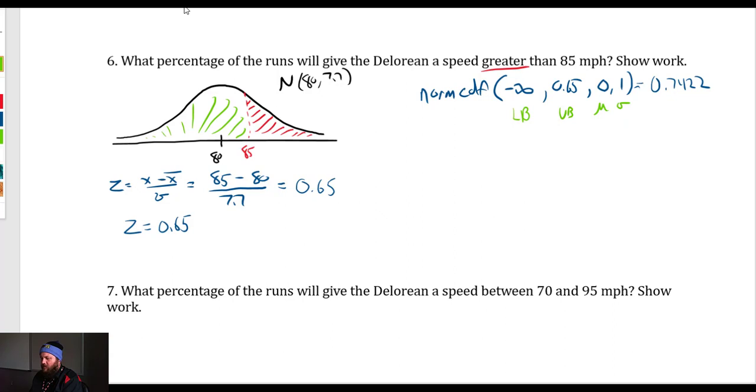So to find our red value, we're going to take 1 minus 0.7422. I'm saying 1 minus that because 1 is equivalent to 100%, and if you put this in percentage, that'd be 74.22%.